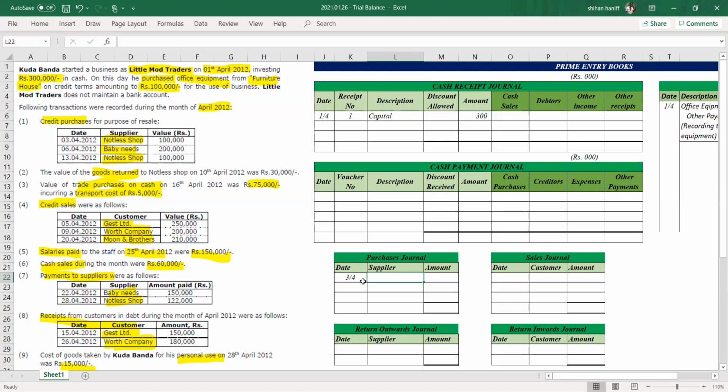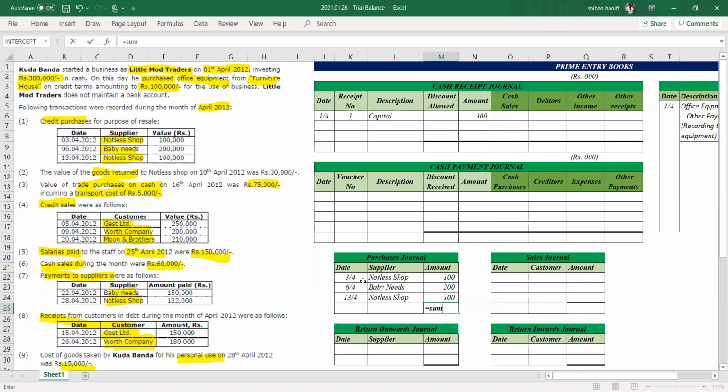Purchases journal. 3rd April, supplier Nautilus Shop, 100,000. 6th of April, Baby Needs, 200,000, and again on 13th of April from Nautilus Shop, another 100,000.